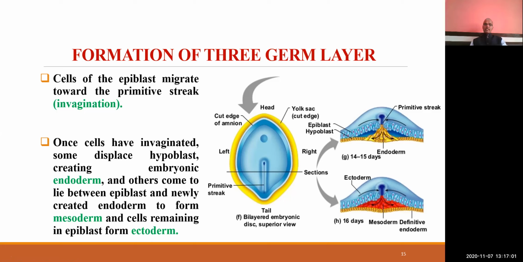The remaining cells of the epiblast form the ectoderm. So three germ layers are formed: ectoderm from the remnants of the epiblast layer, and the cells which migrate from the epiblast form the endoderm and mesoderm.